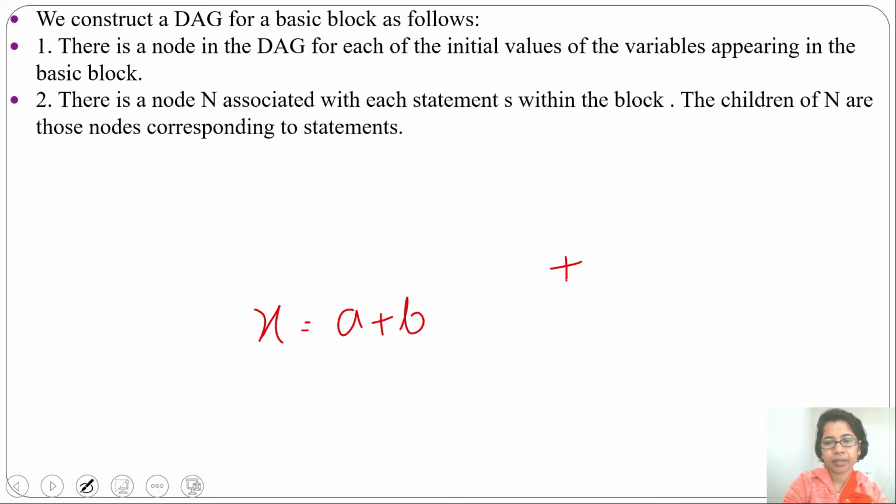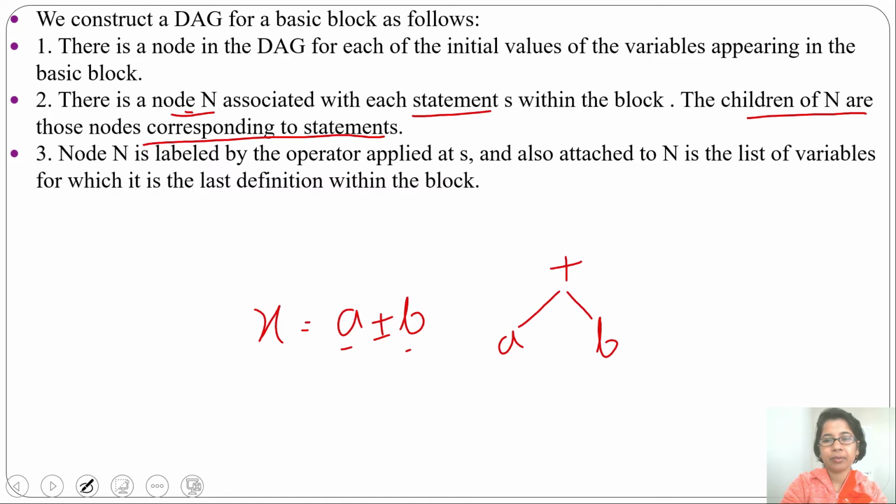Then for the plus node, a will be its left child, b will be its right child. How many statements are within a block, that many interior nodes there will be. For plus, its children will be a and b.